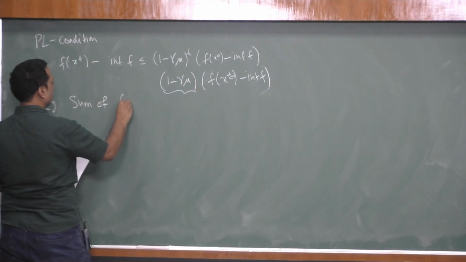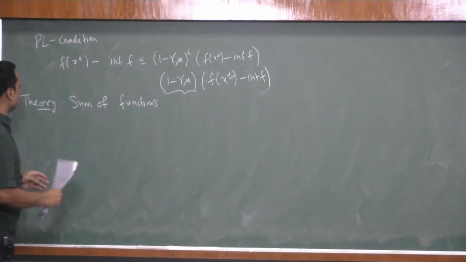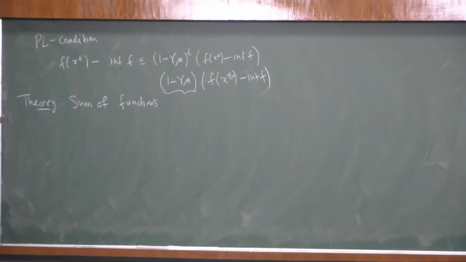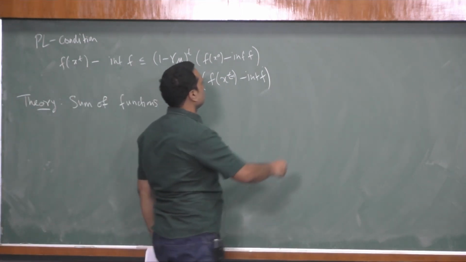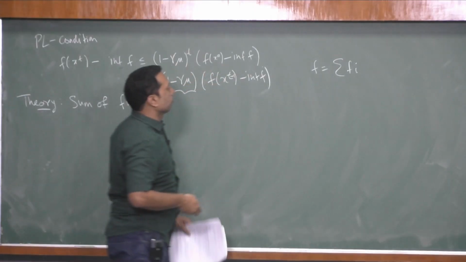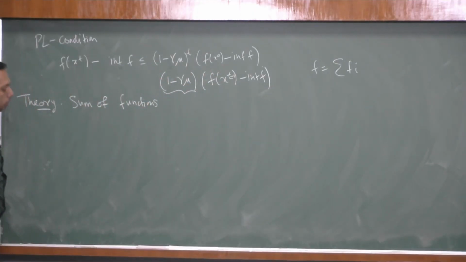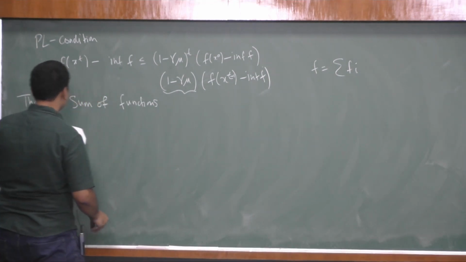And what we did in the last class is let us focus on some special cases where f is a sum. So f could be a sum of some f_i, and this is what you see a lot in machine learning. So this matters a lot as a special case.